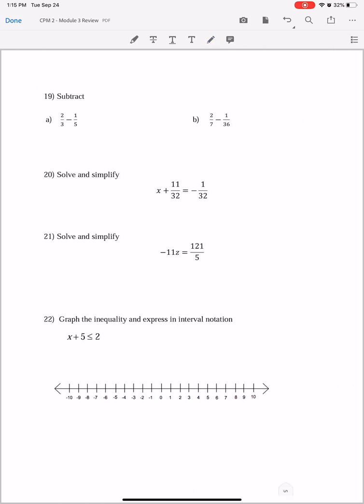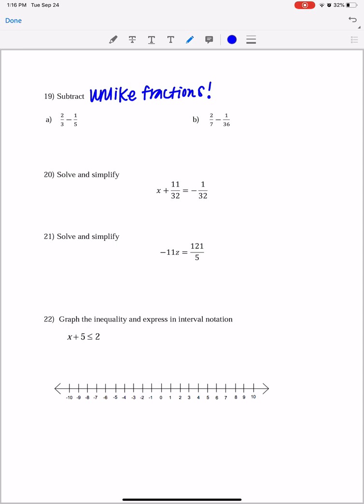Let's go to some unlike fractions. So on 19A and B, these are unlike fractions. So, when they are unlike fractions, we need to find our LCD, or least common denominator, make equivalent fractions, and then add or subtract.